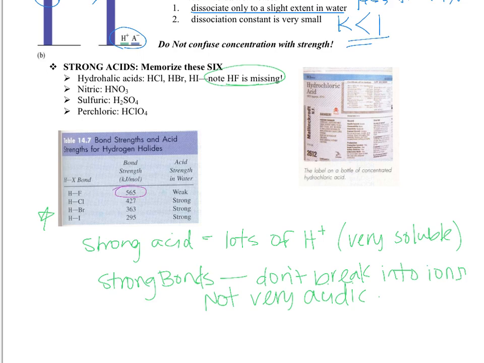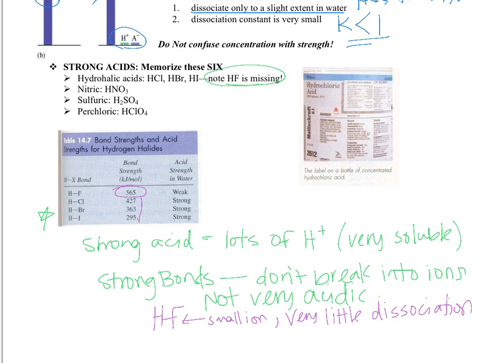The fluorine is a really small ion, and so that creates a strong bond. The hydrogen and fluorine radii are closer to each other, so their attractive forces are greater, and therefore there's very little dissociation. And that is the reason why HF is considered weak.